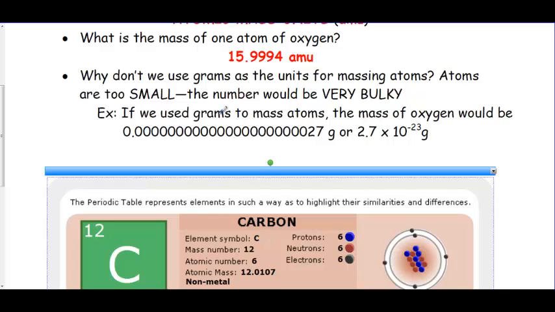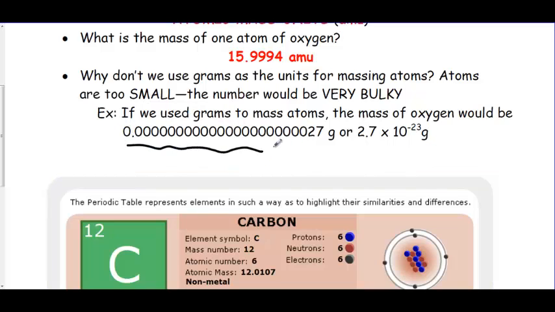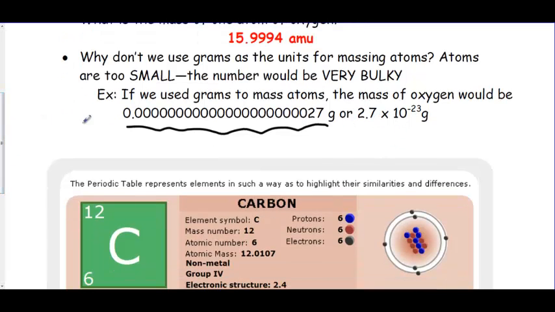So, for example, if we used grams to mass atoms, the mass of oxygen would be this crazy bulky number here, or we can convert it to scientific notation, 2.7 times 10 to the negative 23rd. So this number is telling me that there are 22 zeros in front of that 2. And I'm not about to say all of those.